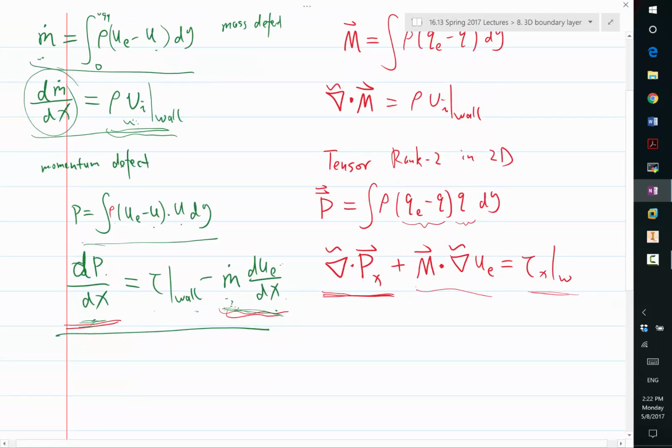That can be derived from the x momentum conservation equation, and the corresponding z direction momentum conservation equation is basically the same, except here it's not UE, it's WE, and it's not tau x, it's tau z. So we get one equation, two equations, and three equations.